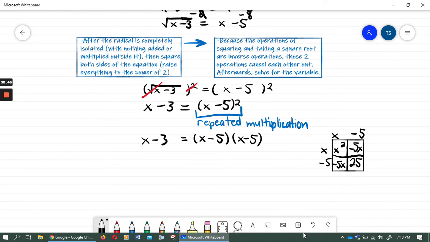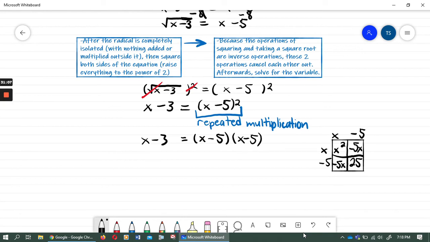Again, folks, we've done lessons on doing operations with polynomials, and so we should know how to multiply two polynomials. In this case, this is multiplying two binomials, but again, same concept as multiplying two polynomials.